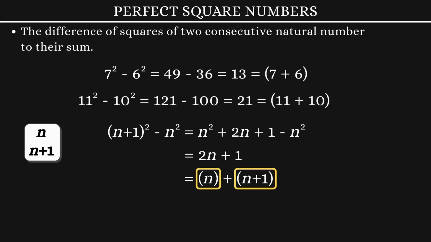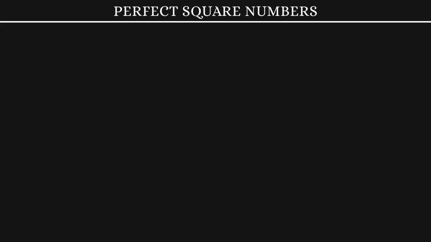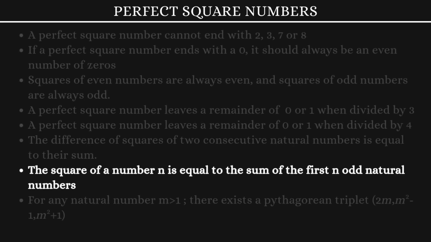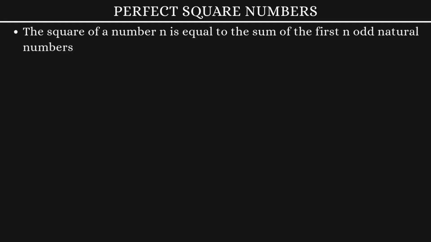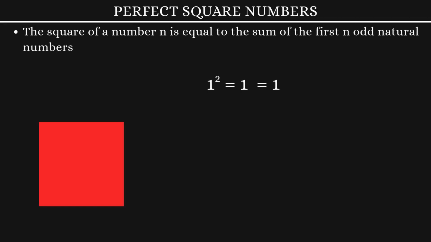Now we'll move on to the next property. The square of a number n is equal to the sum of the first n odd natural numbers. Let's understand this property also visually. First, let's take 1 squared, which is 1.